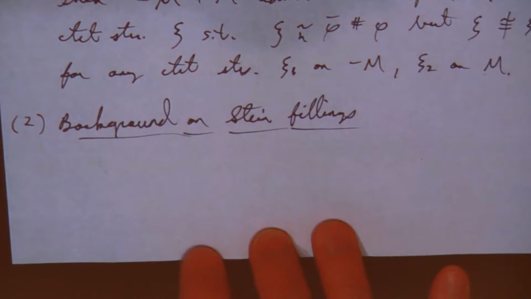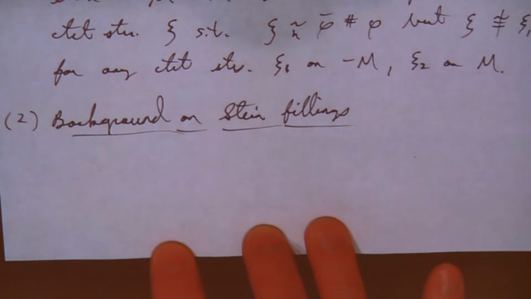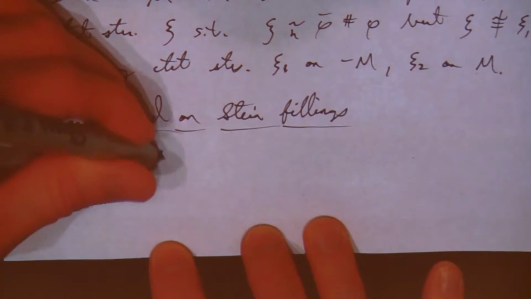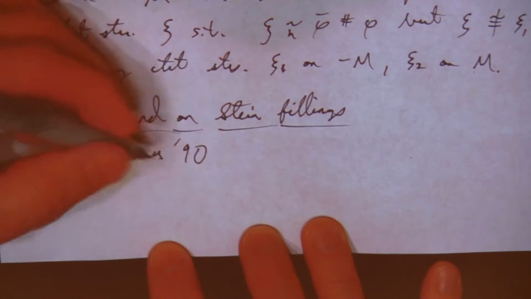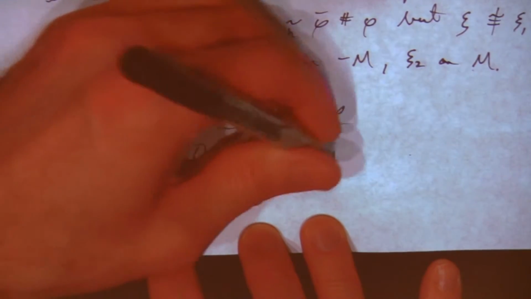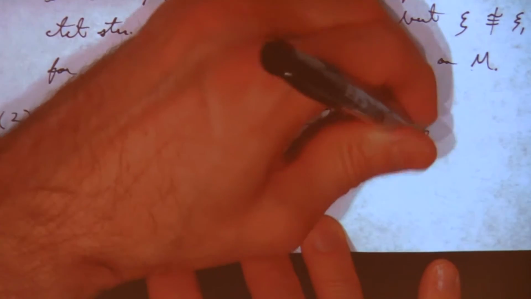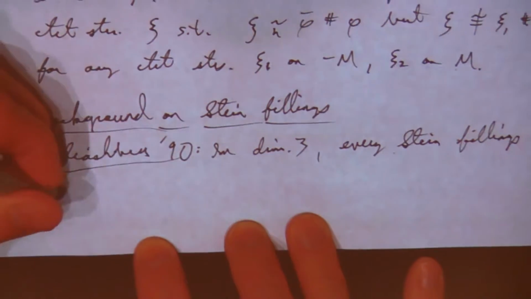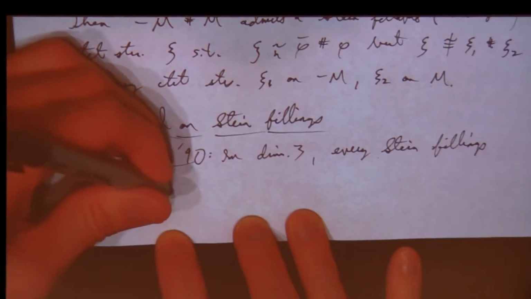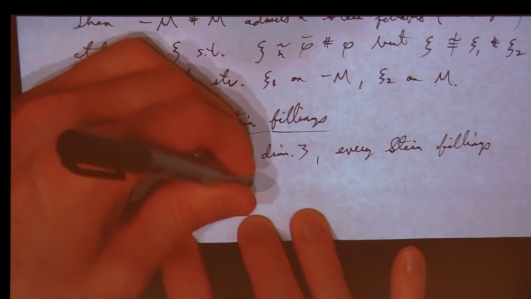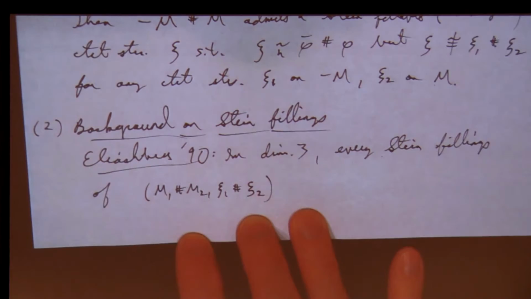So there's a result of Eliashberg from 1990 that says in dimension 3, it's very easy to characterize what the Stein fillings of a connected sum are, at least if you know what the Stein fillings of the summands are.